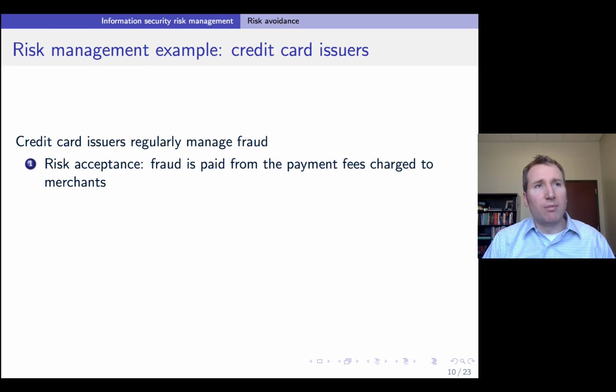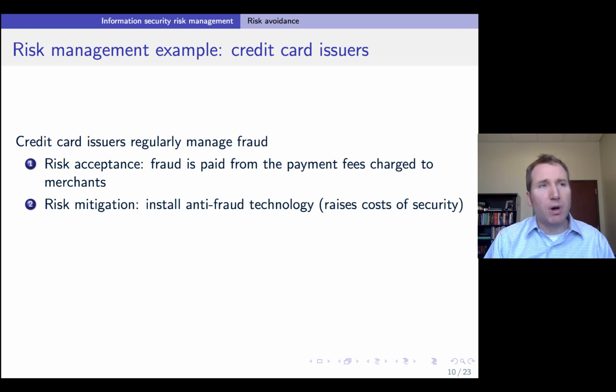So credit card issuers just know that there's going to be some amount of fraud that they can't easily mitigate that gets through, and they accept that as a cost of doing business, and then they just pass along those costs through transaction fees. But they don't accept all risk. They do a lot of mitigation.